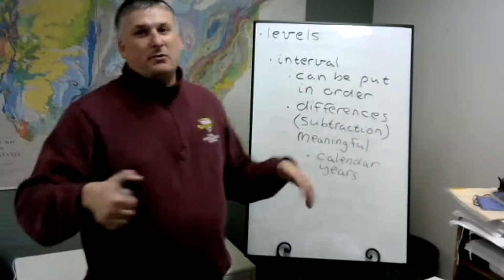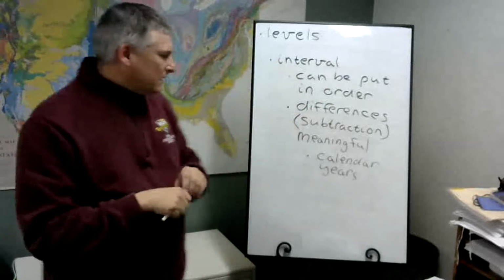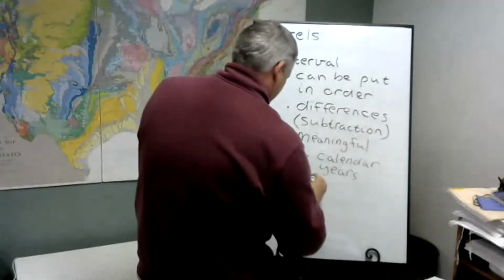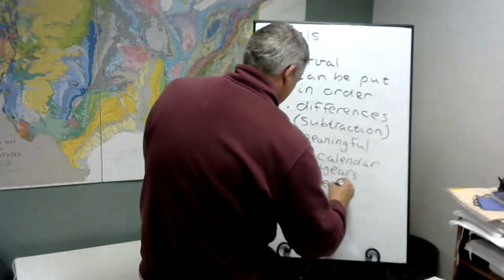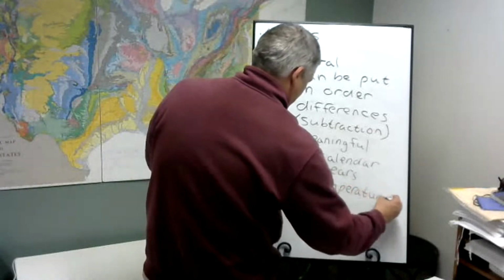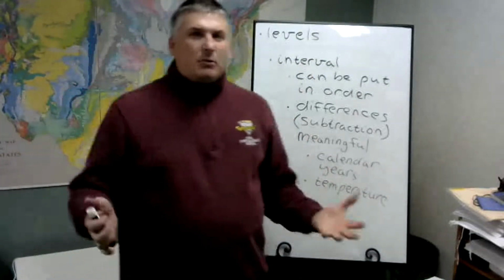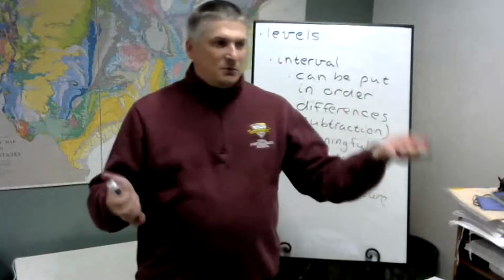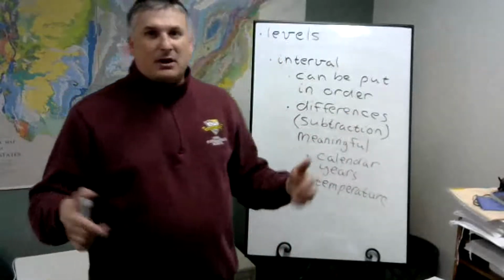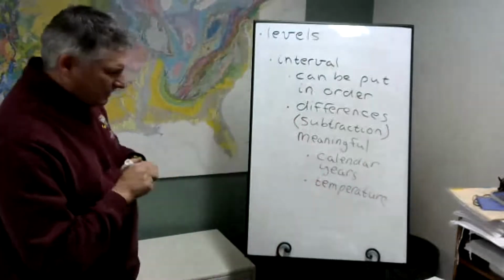Well, you take 2021, subtract 1900. So there's a difference there you can compute. The other one is temperature. If my temperature is 98.6 degrees and I use a thermometer and find my temperature is 100 degrees, I can calculate the difference of temperatures.